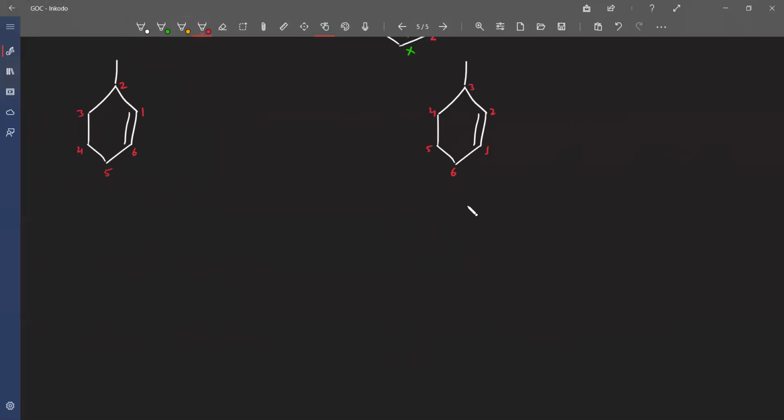Oh yeah, the right side one is right. Correct. So this is wrong, this is right. As per this, it will be 3-methylcyclohexene. Okay, so that's correct.